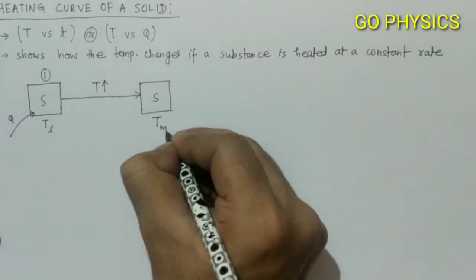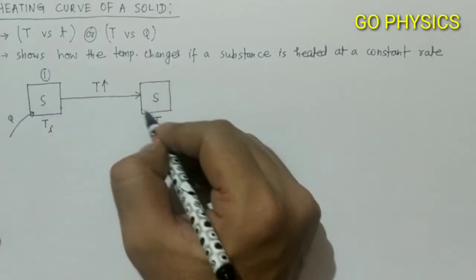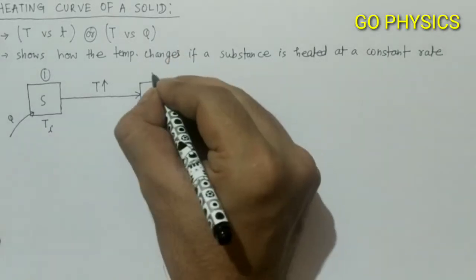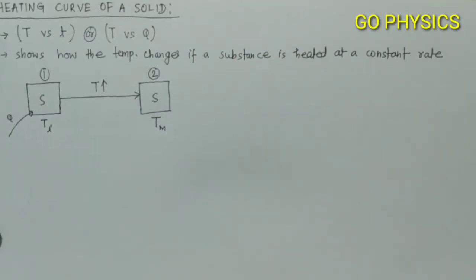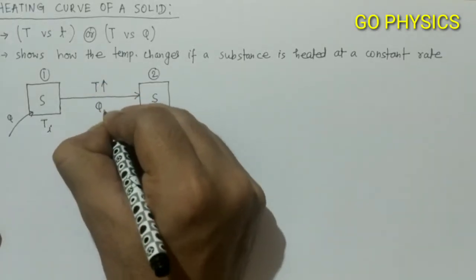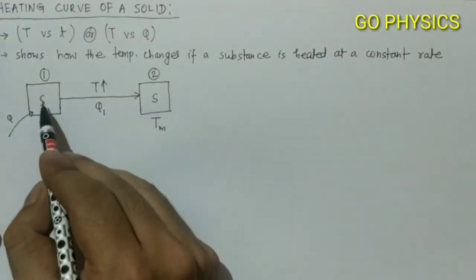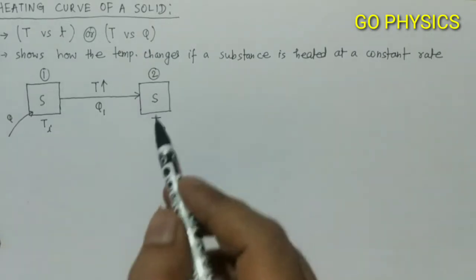Let Tm is the melting temperature of the solid body. And at this situation, suppose this is state number 2. And during this process, Q1 is the amount of heat absorbed by the solid to change its temperature from Ti to Tm.